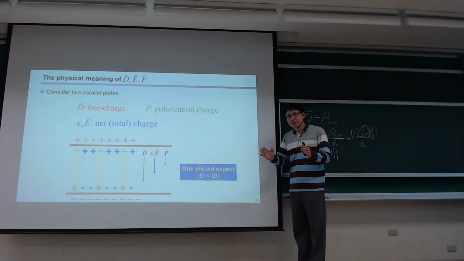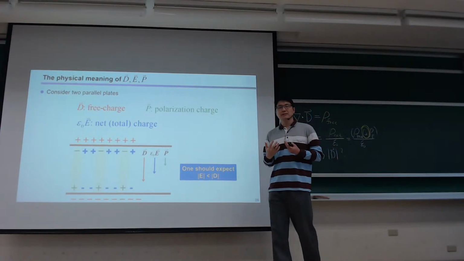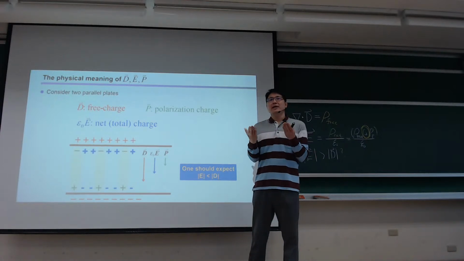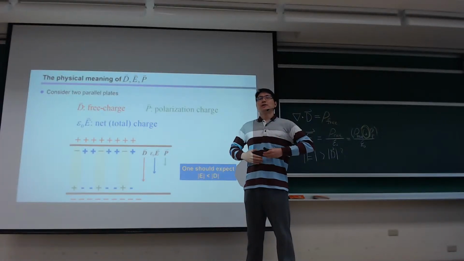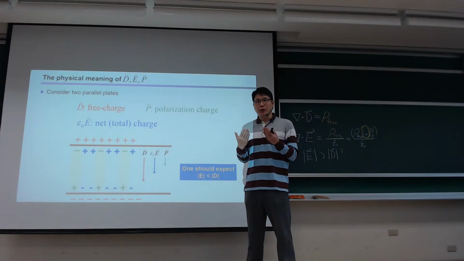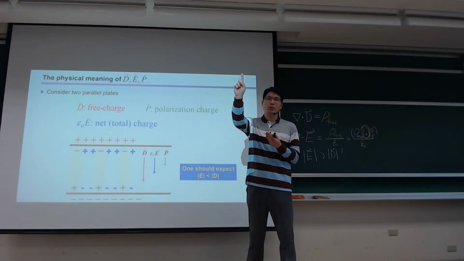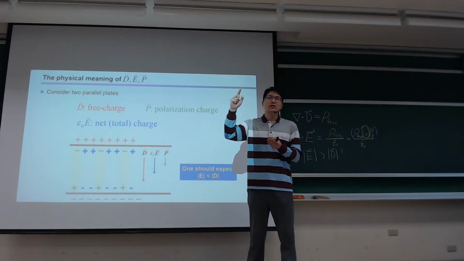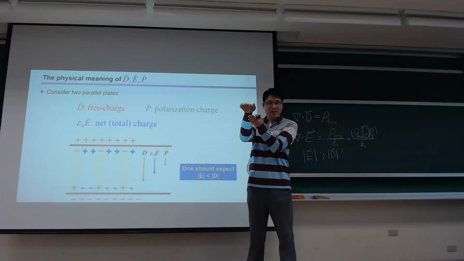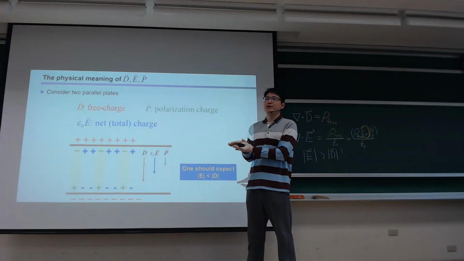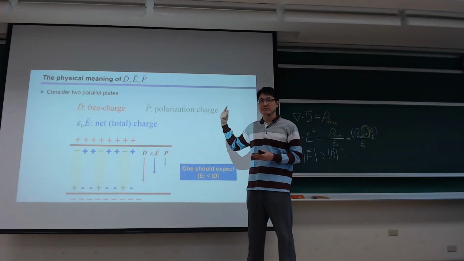So basically, try to remember and try to understand. I repeat, dielectric materials give rise to induced electric dipoles for only one purpose. They want to make the field strength inside the material weaker as compared to your externally applied field.